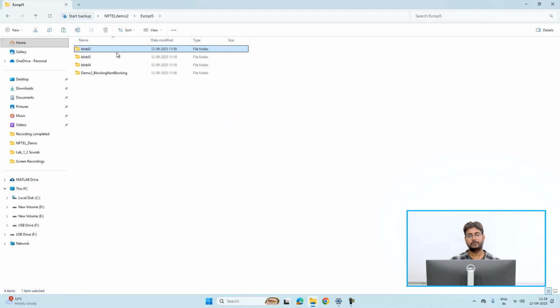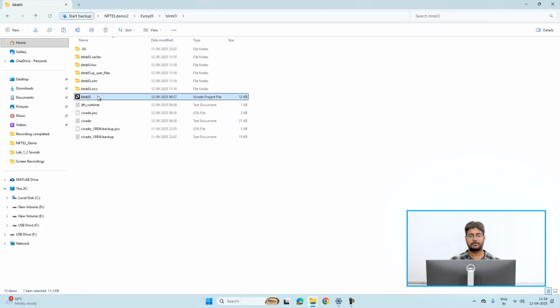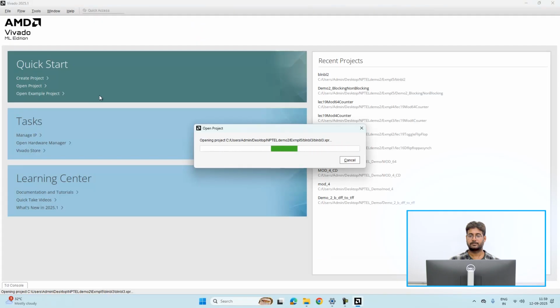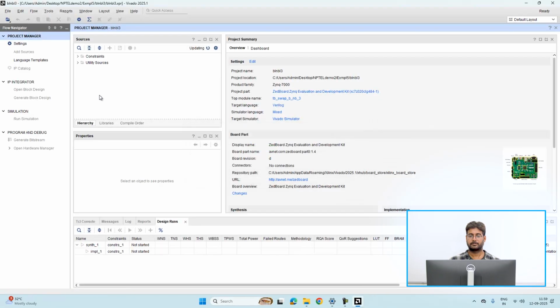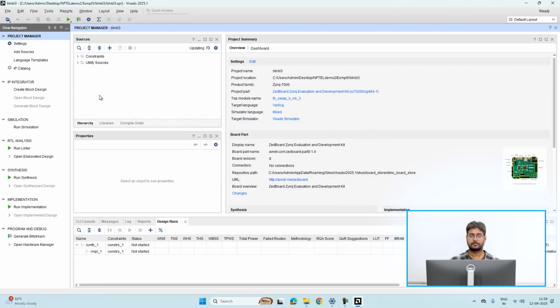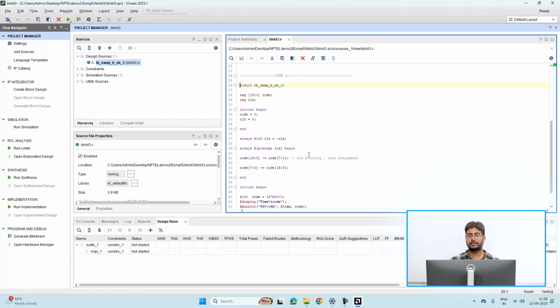using immediate evaluation and delayed assignment. That is a non-blocking case. This is code 3. Similarly, reg is a code of 16 bits. All the things are similar.